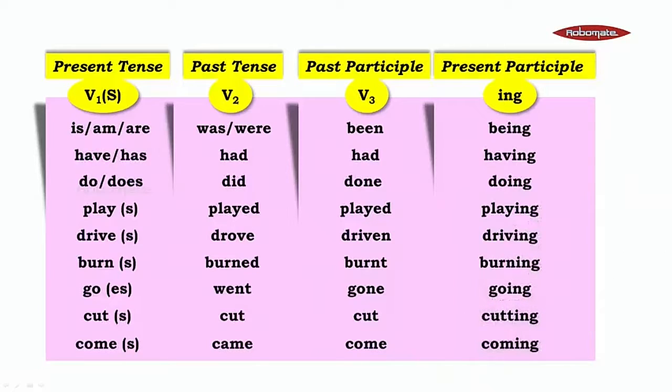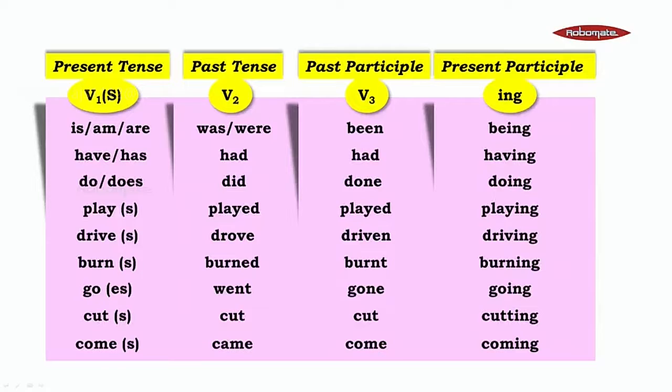Next we go to the word burn. I burn, you burn, he burns. Past tense would be burned. Past participle is burnt. The next is burning. The next present tense form is go or goes, just like we have do and does. The past tense is went. So go changes to went completely. The past participle is gone.